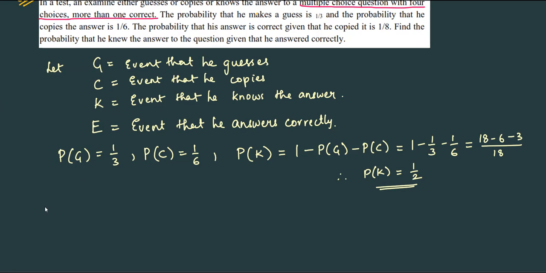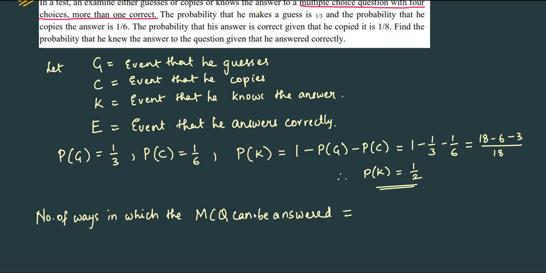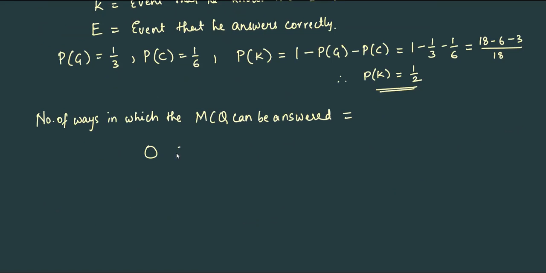Now, what are the total number of ways in which the MCQ can be answered? There are 4 options and any one of them can be correct. So let us calculate that. A, B, C, D. Now a person may select option A or not select option A in 2 ways.